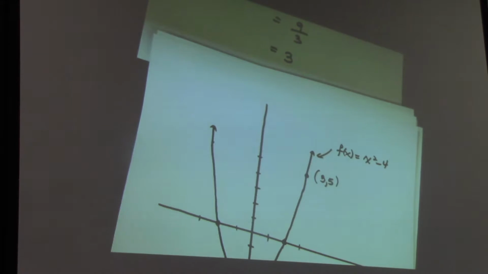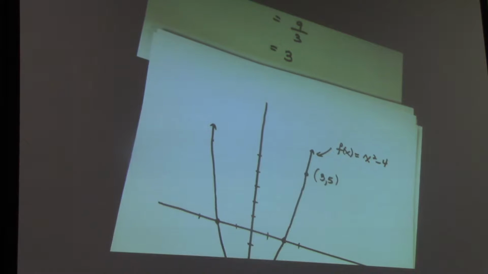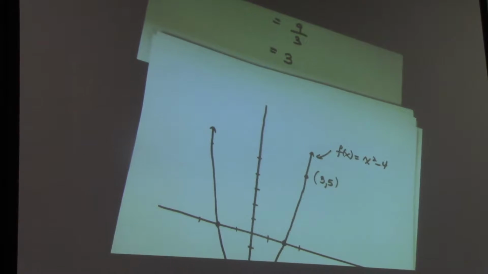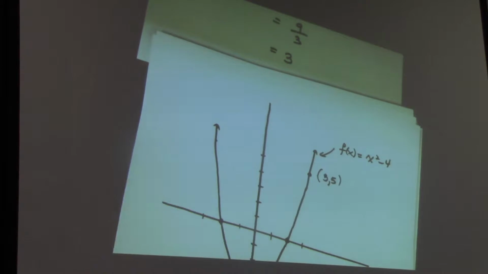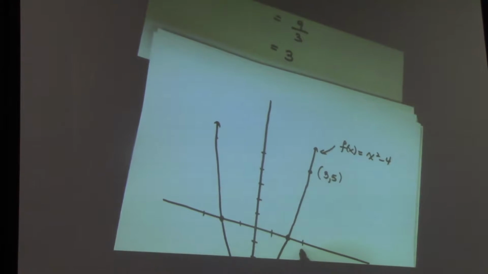The slope of the secant line, if you want to say secant line, the slope of the line through what points? You know, through 0, comma, f of 0, i.e. 0, comma, negative 4, and 3, comma, f of 3, which is 3, comma, 5.